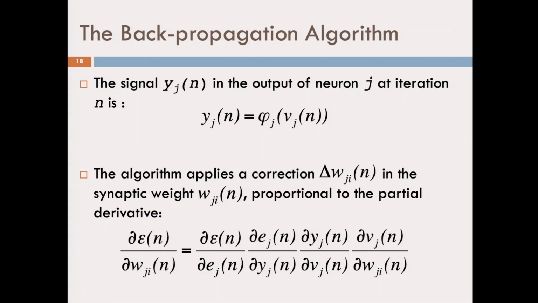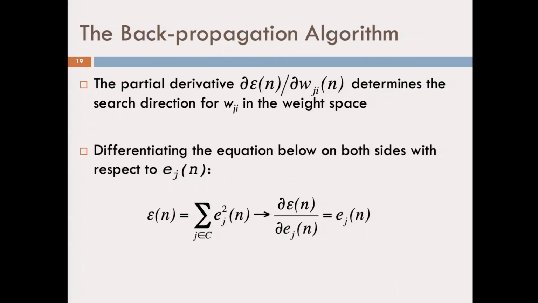The general error depends on the error of the neuron. The error on the neuron depends on the output of the neuron. The output of the neuron depends on the activation potential, the linear combination, and the linear combination depends on the weights. So we can verify each of the partial derivatives.